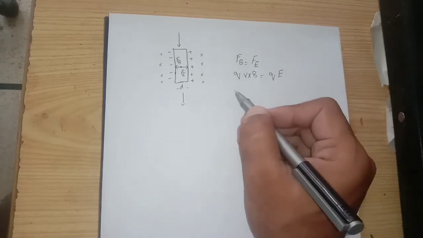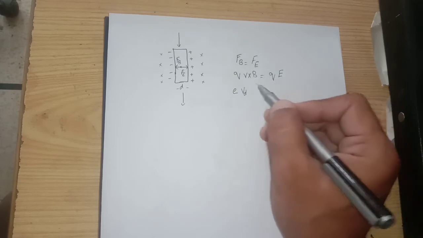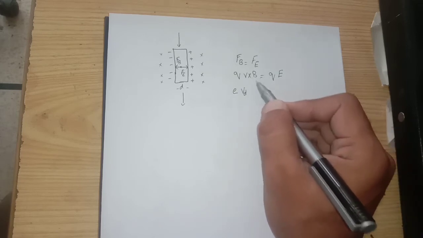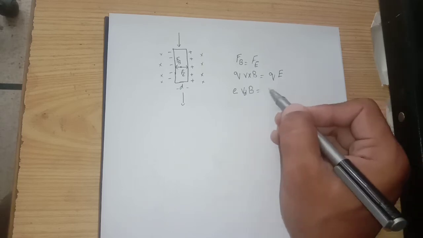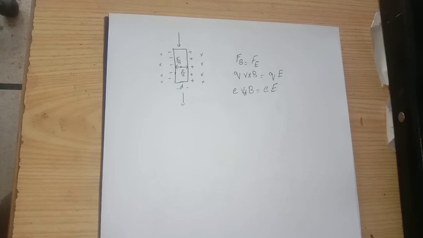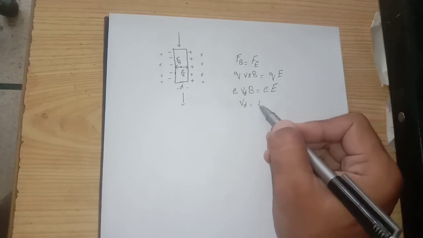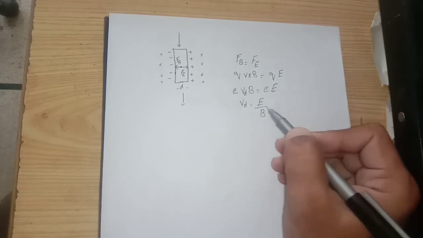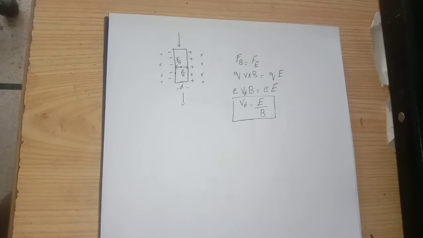Since the charge is electron, V is actually Vd in this case, and since V and B are perpendicular to each other, V cross B will be Vd into B, and this would be equal to E, right? This is a way to formulate Vd in this case, which would result in E over B. This is the drift velocity of electrons.